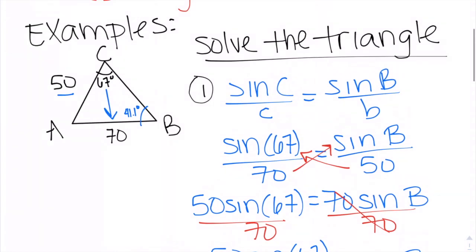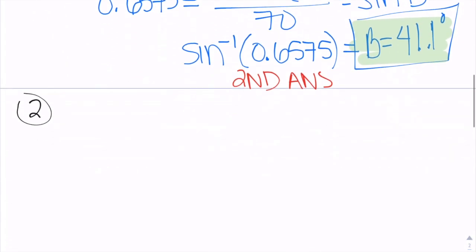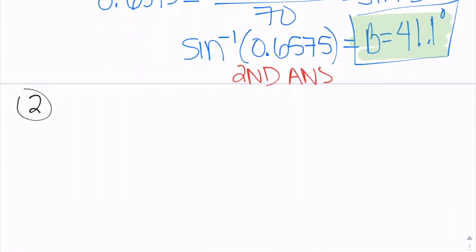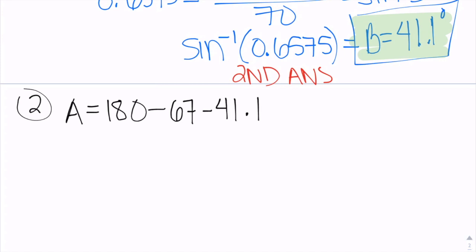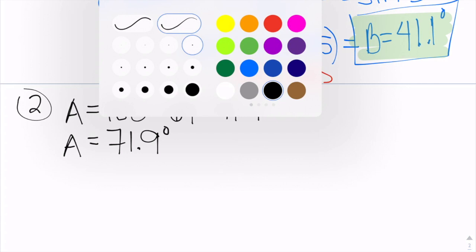So to find angle A here, we have 2 of our 3 angles. And if you remember from, I want to say Math 2, the angle sum of a triangle is 180 degrees. So all 3 angles add up to be 180. So that means that angle A is going to be 180 minus angle C minus angle B. And so when you do that, you're going to find that A is equal to 71.9 degrees.